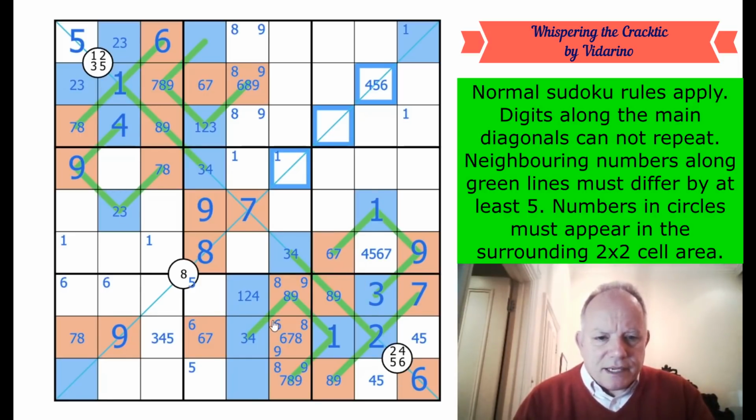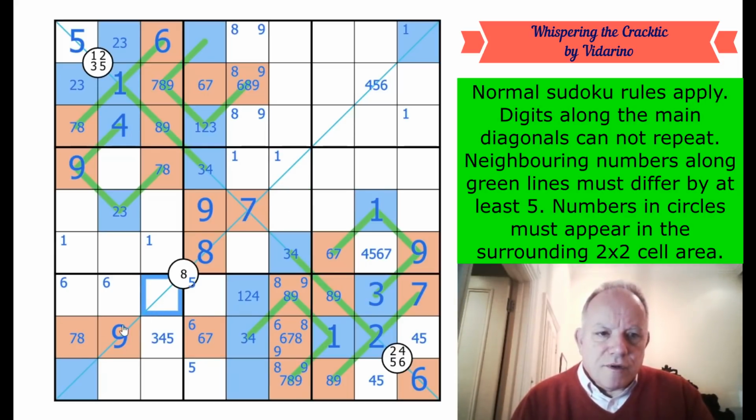I've established all the highs and lows on the CTC. On the diagonals, maybe I haven't done enough wondering about low digits on the diagonal. So that can't be 9, 8, 7, 3 or 4. This can't be 3.